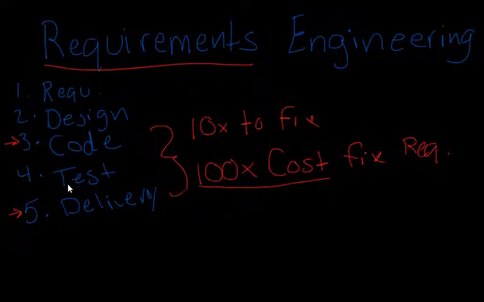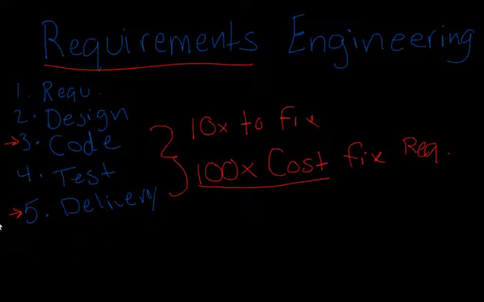And we're not even talking about how much you would save if you did it before you code, but if you caught it while you code, that would save you 100 times the cost for that specific module or requirement, which is obviously a big deal, which is why requirements engineering is so important in software engineering.